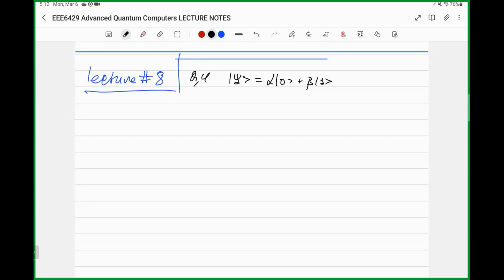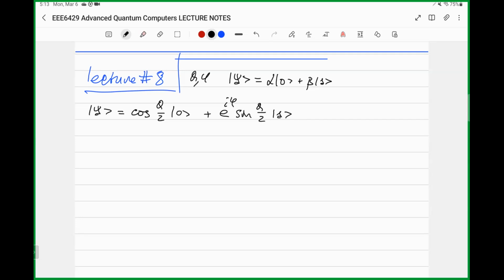We can represent this using the Bloch coordinates theta and phi in this form: alpha is cosine theta over 2 times state 0, plus e to the power of i phi sine theta over 2 times state 1.